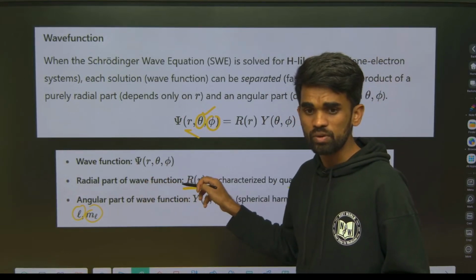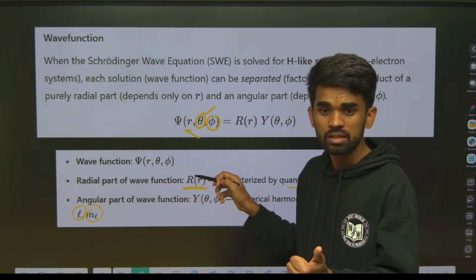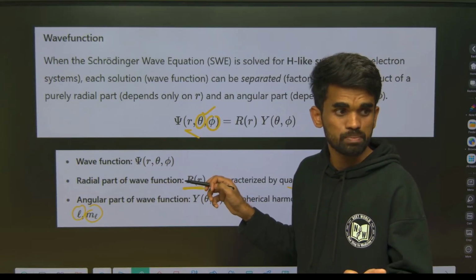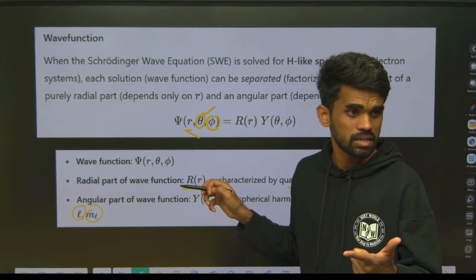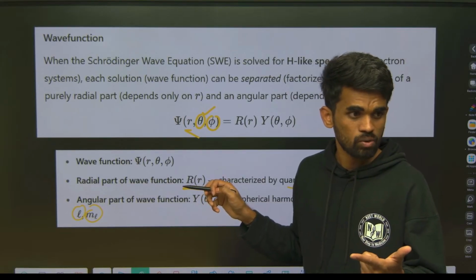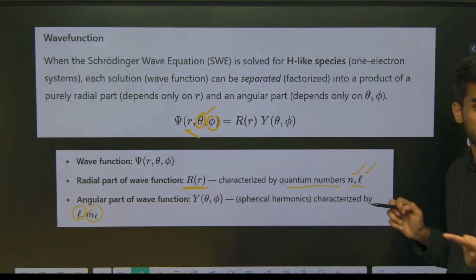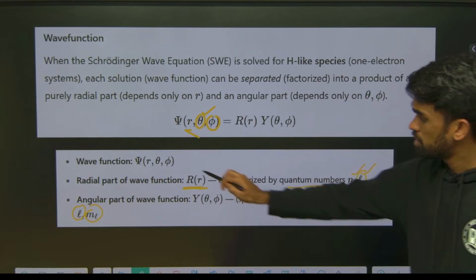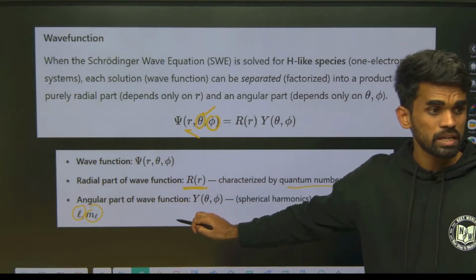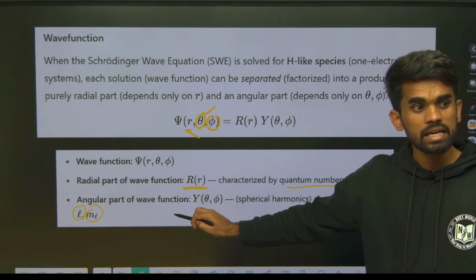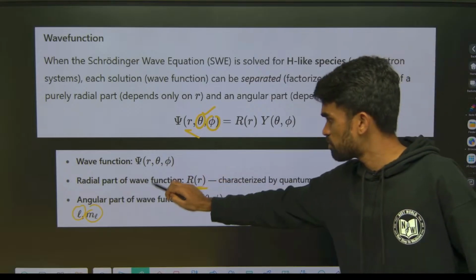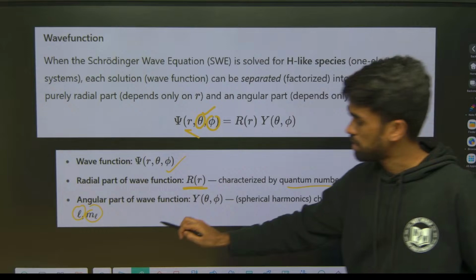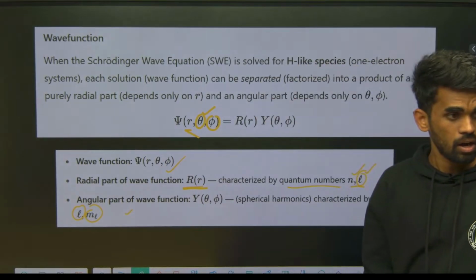By solving the equation from the radial part we get n and l. n means principal quantum number and l means azimuthal quantum number, or angular quantum number. These two come from the radial part, and the angular part gives l and ml. So the l value comes from both of them, but n comes only from the radial part and ml comes from the angular part.